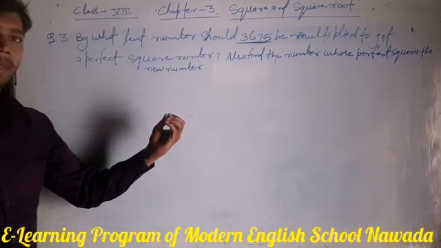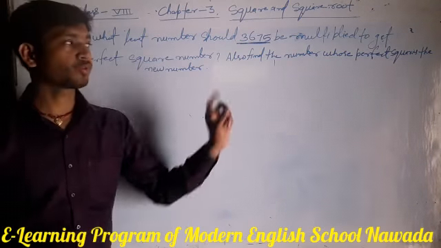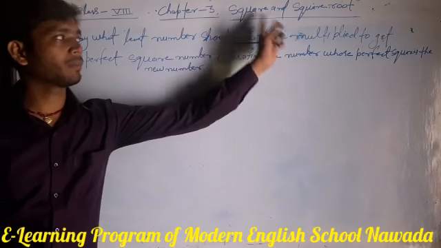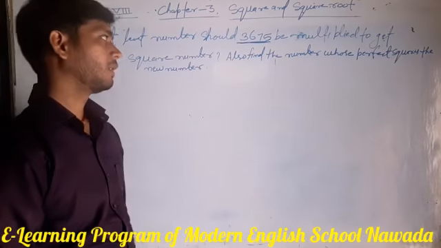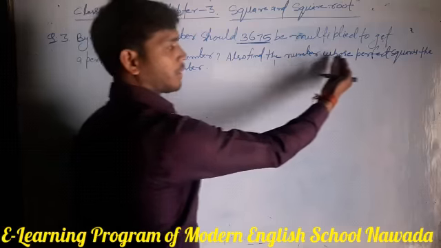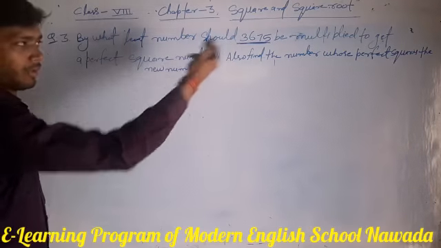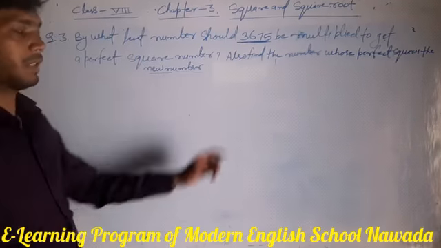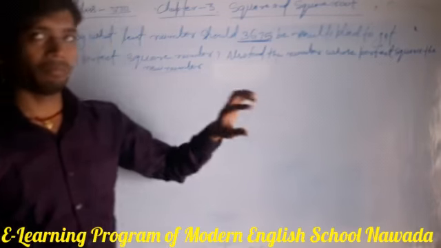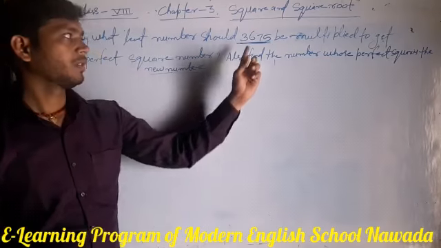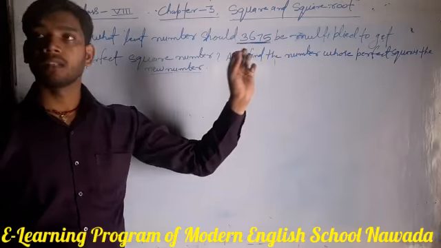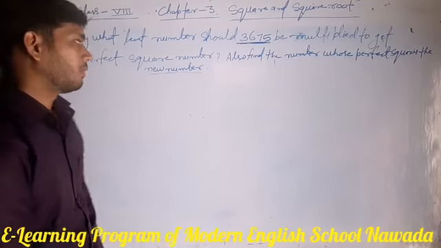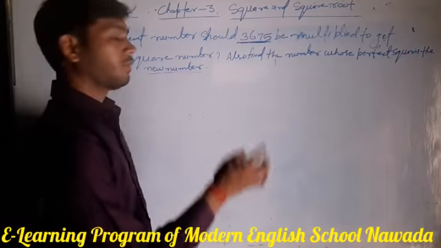If not, what number should be multiplied so the given number becomes a perfect square, and also find the number whose perfect square the new number is. That means the number formed after multiplying by the required number, find the square root of that number.